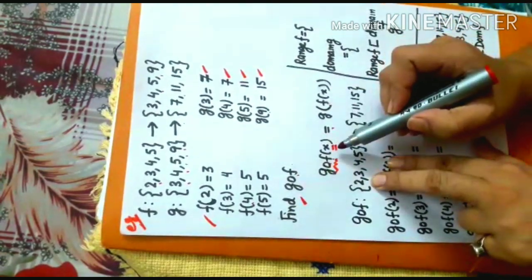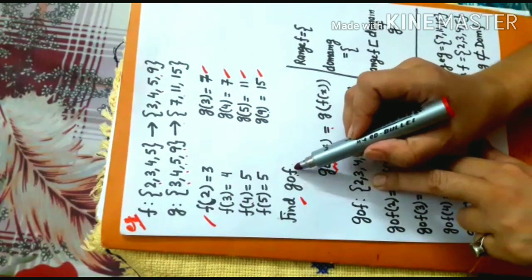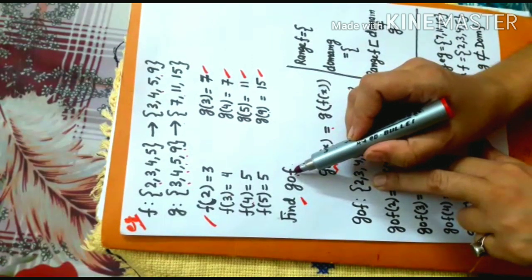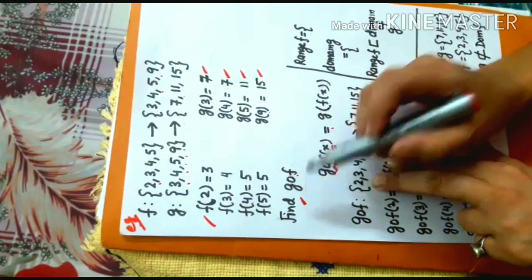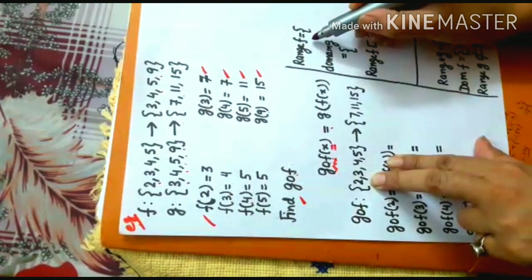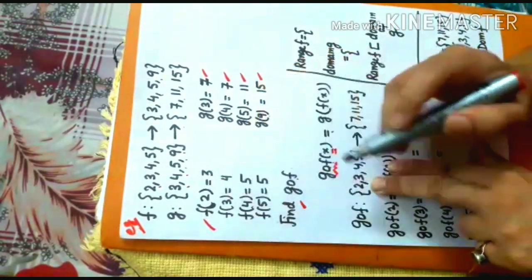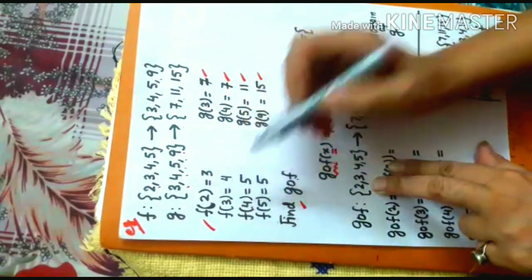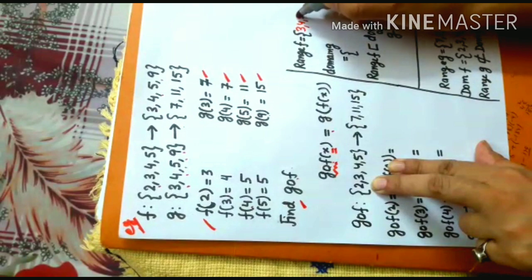Yes, this composition function will exist if range of f is a subset of domain of g. So let's find out the range of f. Range is the collection of all images. So the range of f is 3, 4, 5.